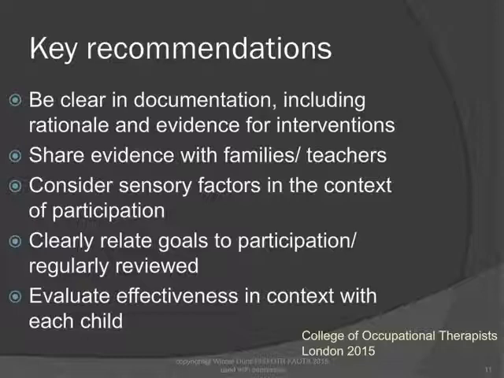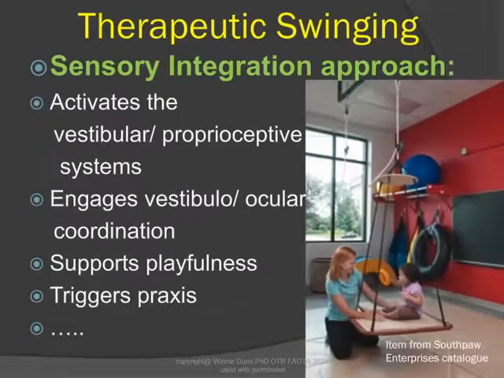And evaluate effectiveness in context with every child. So let's look at one activity from 2 different points of view. On this slide, we see what a sensory integration approach might look like in a therapeutic swinging activity.